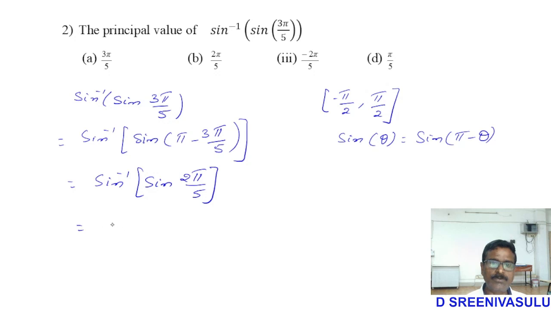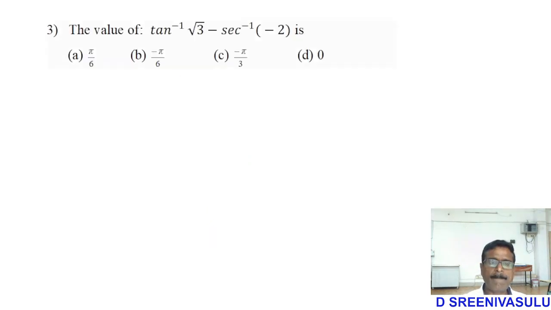This is equal to 2 pi by 5, because it belongs to minus pi by 2 to pi by 2. Therefore, what is the correct option? The correct answer is 2 pi by 5. B is the correct option.